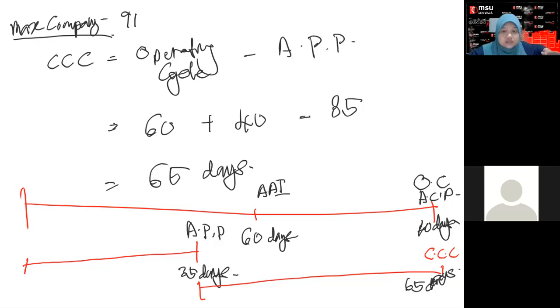During the duration of the cash conversion cycle, how much resource has been invested? So how much money is needed during the cash conversion cycle? So how to calculate the resource invested?